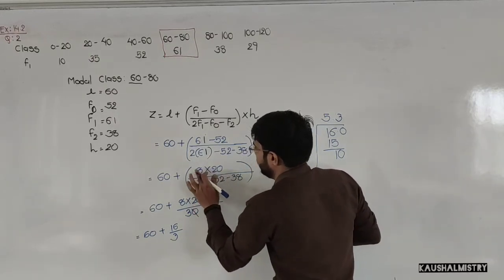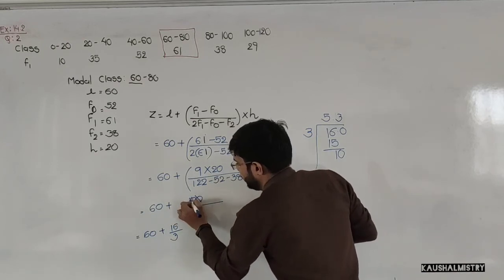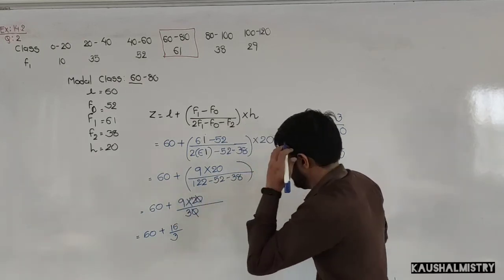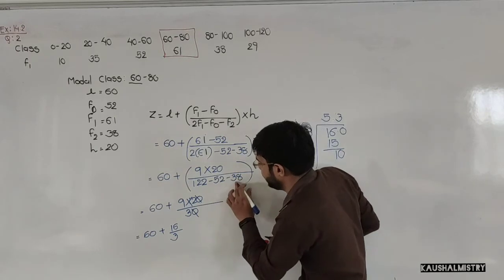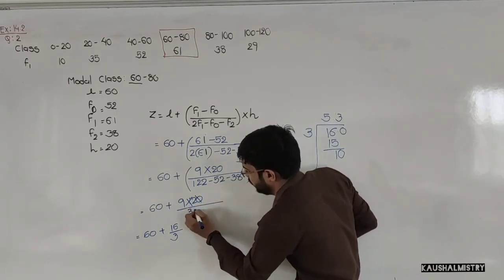And this minus 52 will be 70. So this will be 9 multiplied by 20. And this will be 70 minus 38, that is equal to 32.